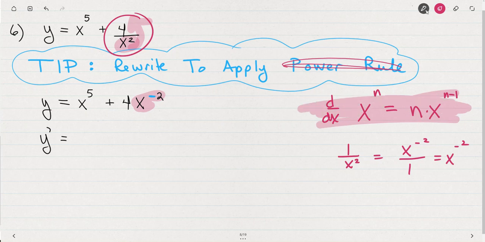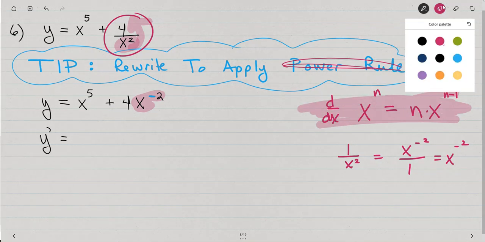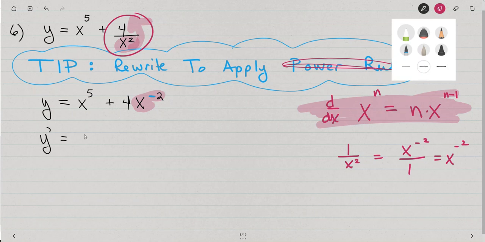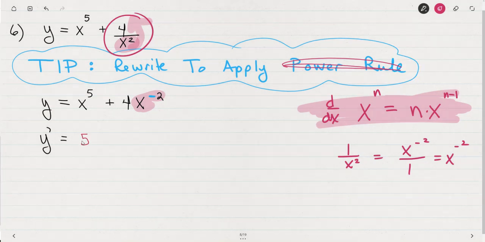So the derivative of x to the fifth is the exponent 5 times x to the 5 minus 1, or 4. And then 4 times x to the negative 2: the derivative of that is 4 times negative 2, negative 8, times x to the, now watch this one carefully, negative 2 minus 1.